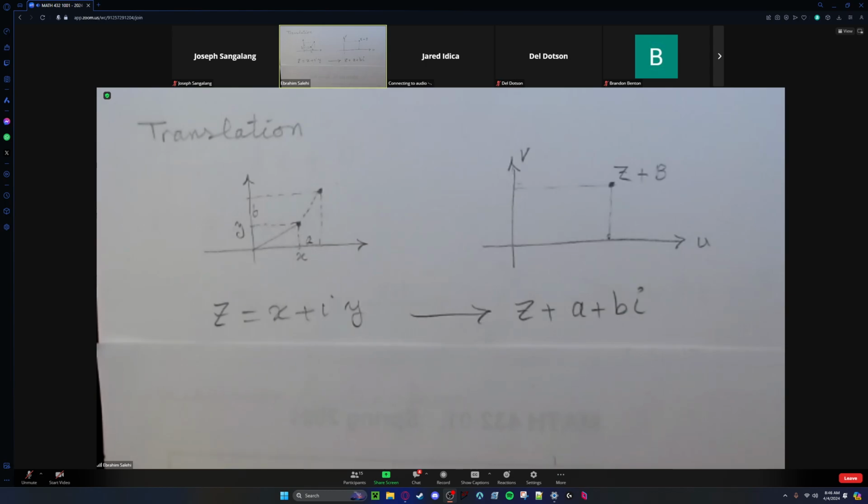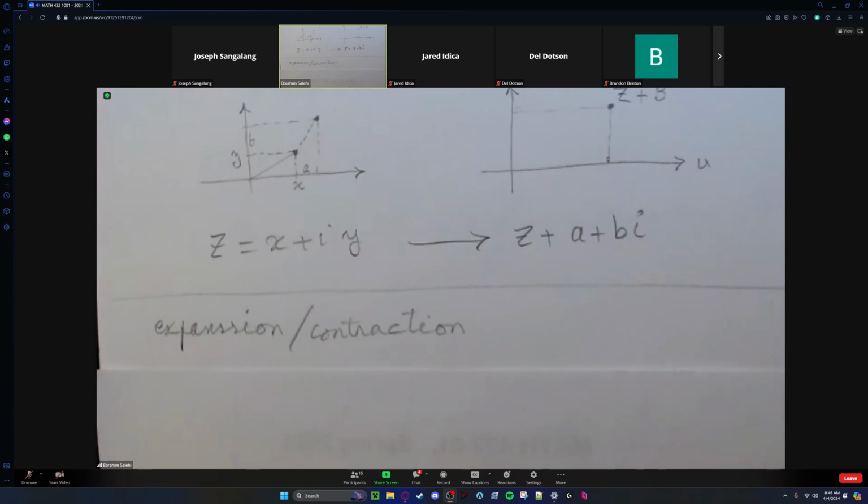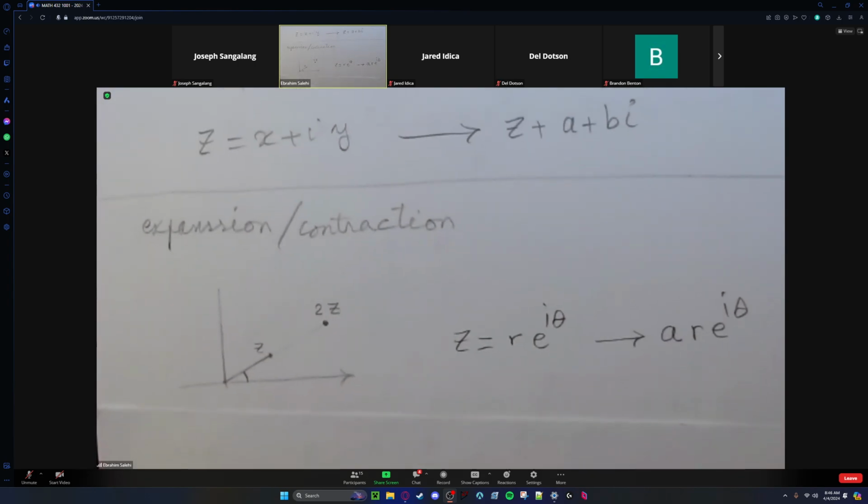That is called translation. There is another one, which is called expansion or contraction. And that's when you multiply by a constant, right? Here, this is z. I simply multiply that by a number A, well, definitely a positive number, all right.